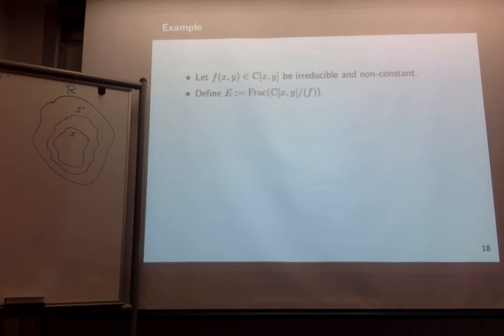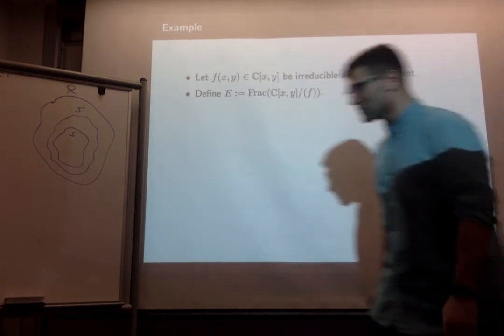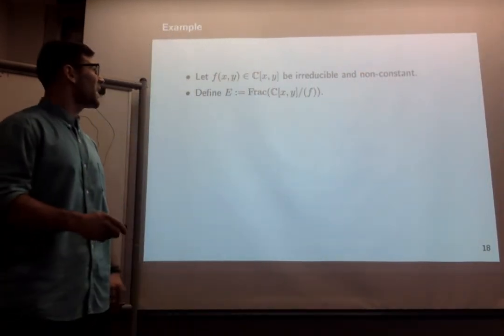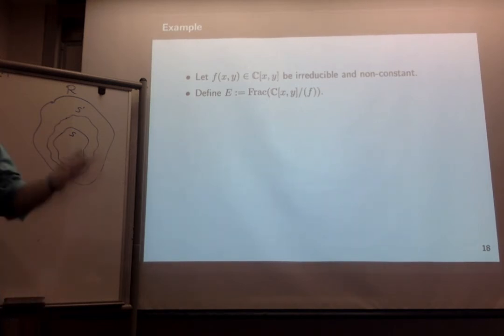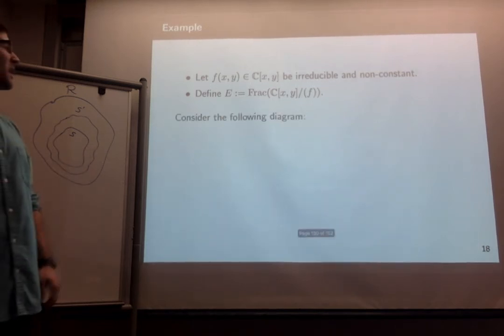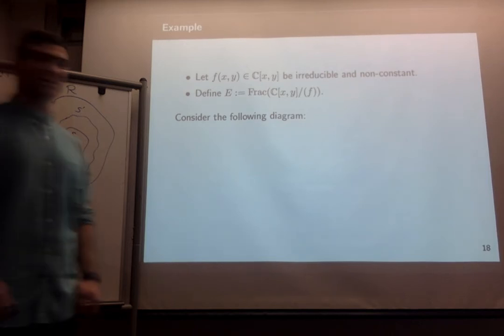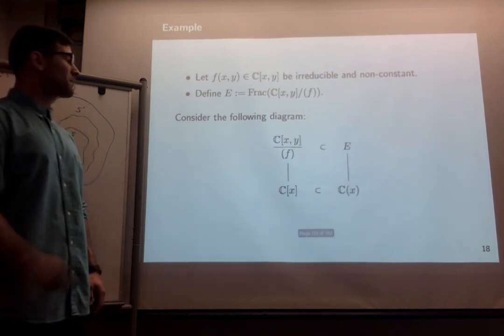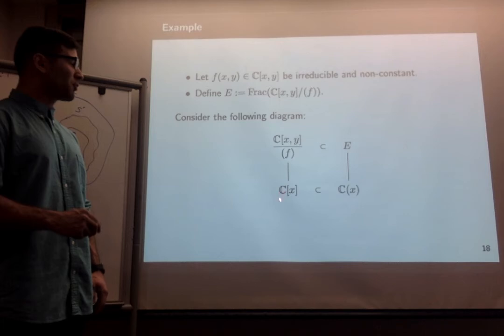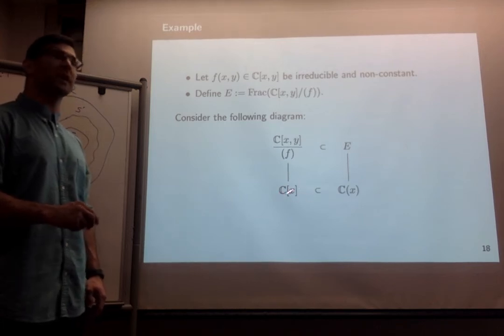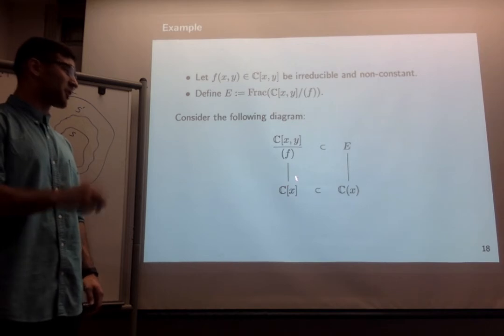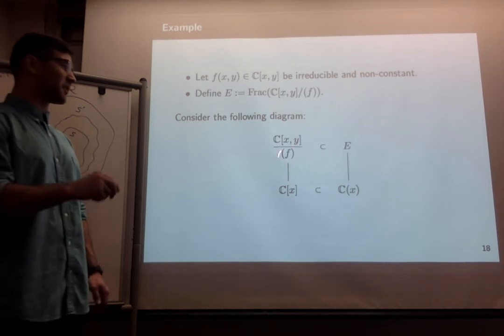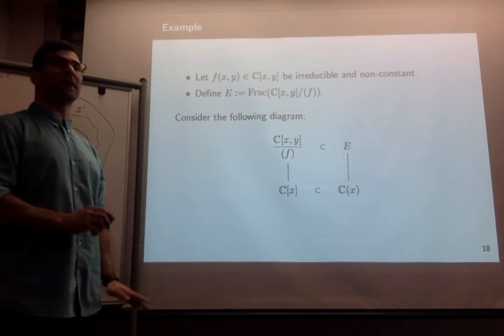We're going to define E to be the fraction field of this quotient. Since F is irreducible, we know that this quotient really is a domain, so we can look at its fraction field. And we're going to look at the following diagram. You shouldn't believe me immediately that C[X] really does live inside here, but with appropriate assumptions on F, it will.